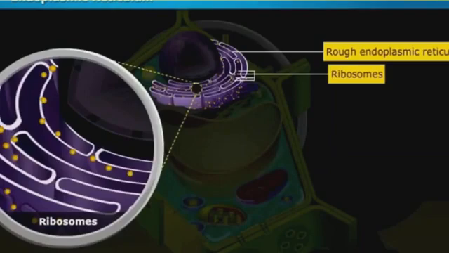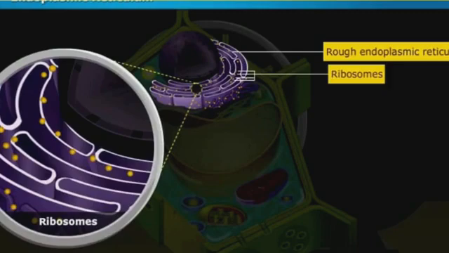Another part is endoplasmic reticulum. We can observe endoplasmic reticulum under a compound microscope. These are a network of membranes in the cytoplasm.